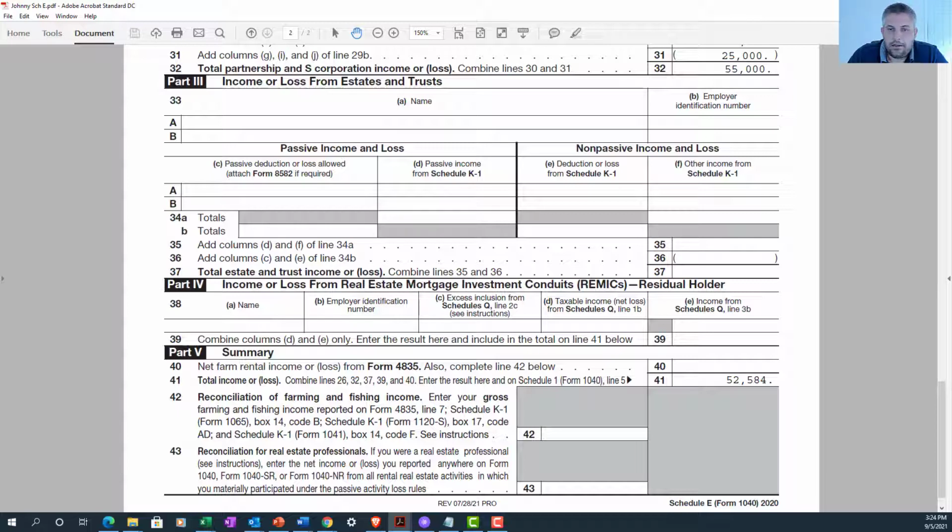And line 35 is just your total income items from the trusts and estates. Line 36 is a total of the loss items. And then line 37 would be a net of those two. So we don't have any numbers on here to look at, but it works just the same as part 2.